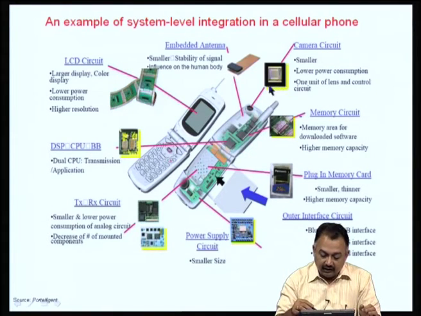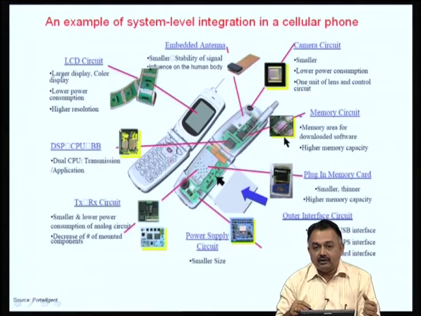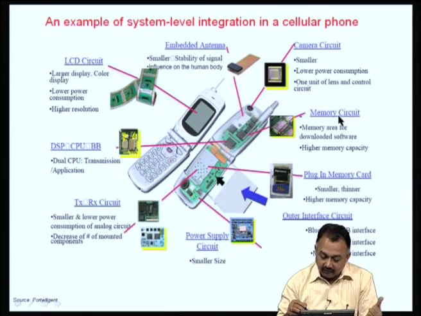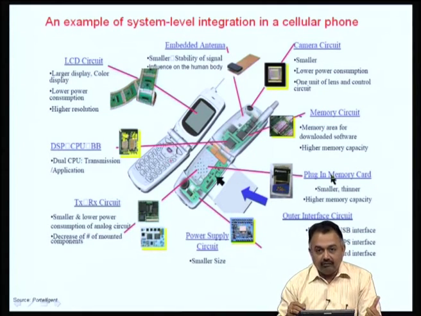See, the active device that controls this is only this much. Then you have the memory circuit. Everybody wants larger memory space for various applications to download, upload and record and so on. So, the memory circuit becomes very important. Then there is a plug-in memory card for the mobile phone, which is stationary inside the mobile phone, and that also needs to have a higher memory capacity.